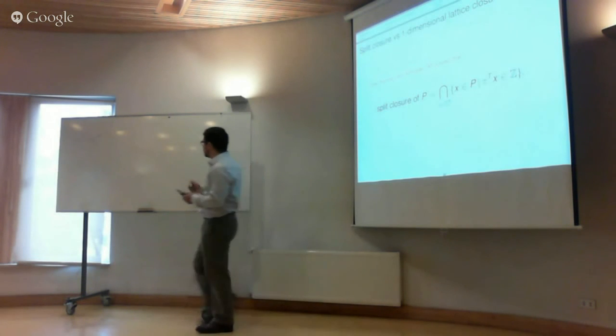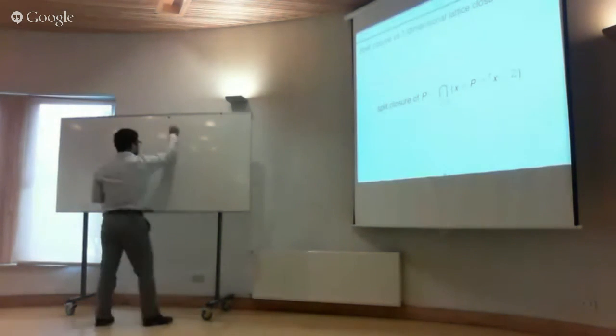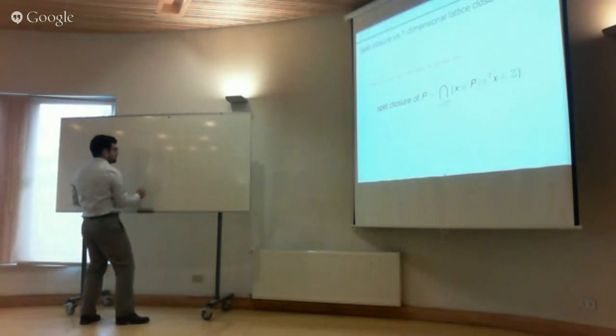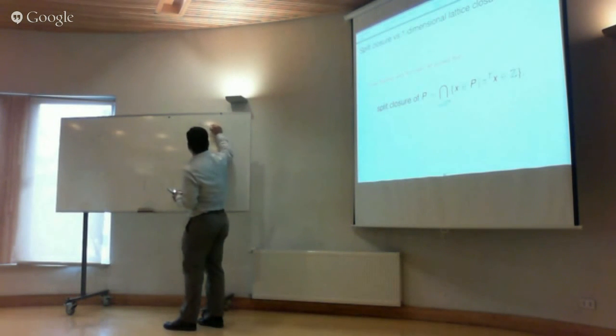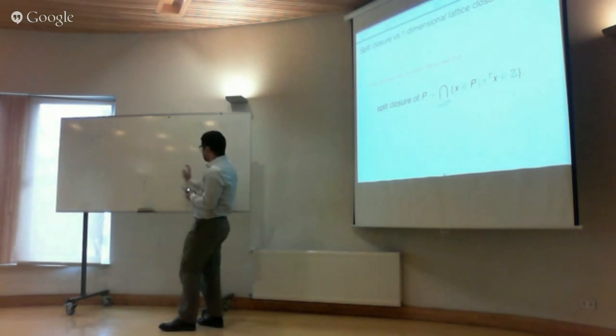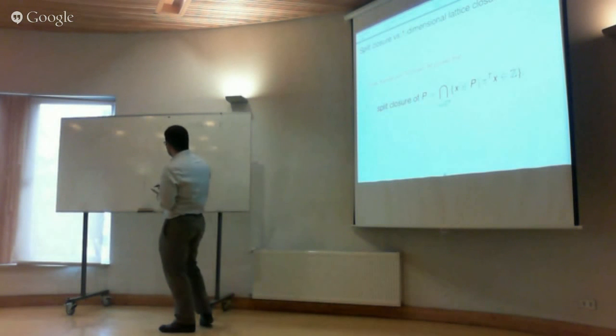So you consider these hyperplanes, p transpose x equals some k integral, and you consider all possible integers. You intersect that with P, and then you are computing cutting planes for this object.